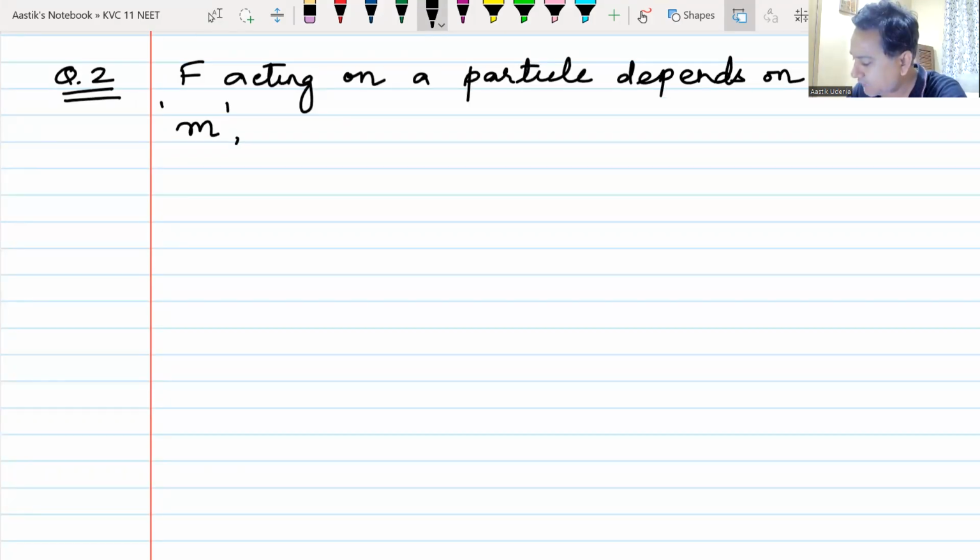Mass. Well done. V. Velocity. And R. Radius. Well done. Find possible formula of force.